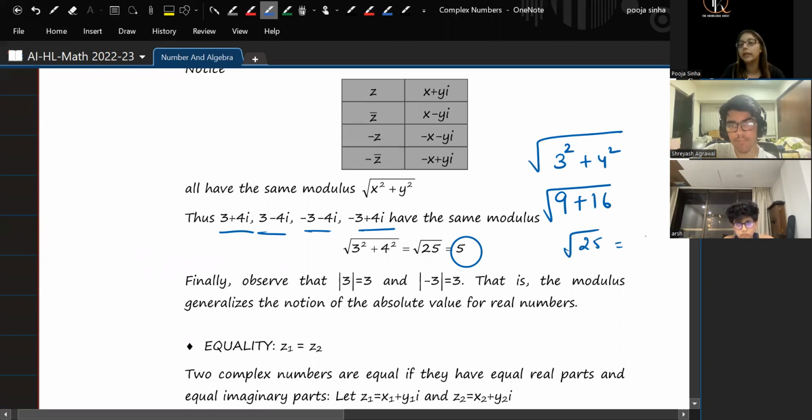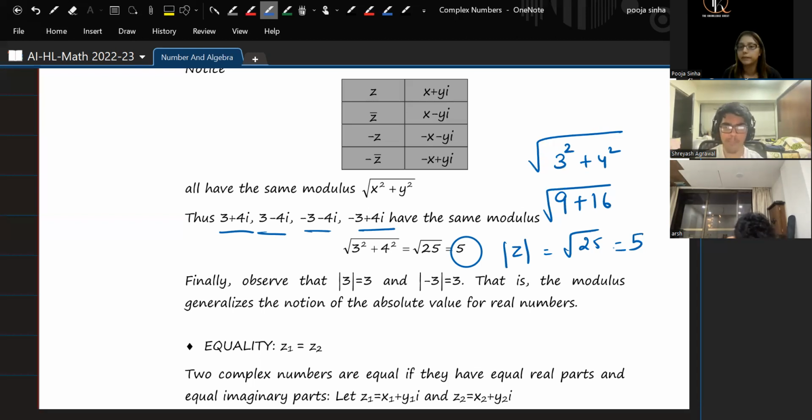And since I only need the positive answer because it is modulus, I will not write plus minus. I will only write 5. Otherwise, root 25 has 2 answers, plus and minus. But what am I supposed to write here? Only plus 5. Got it? Clear?